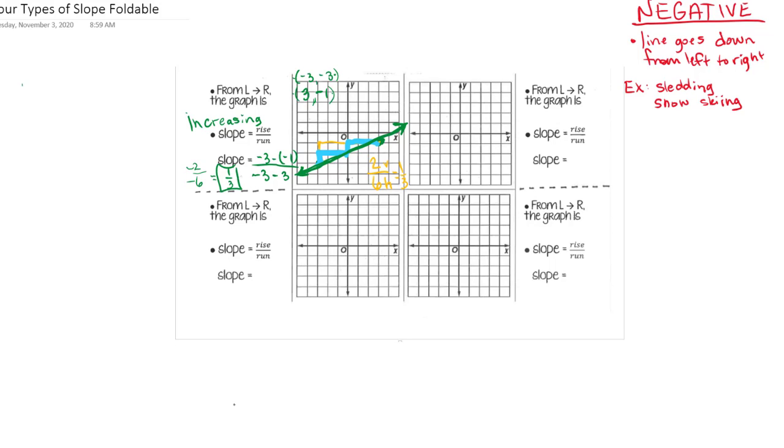We've got the down escalator, we've got hiking down a mountain. I'm going to abbreviate mountain with MTN. Slides. Slides at the playground are more fun when they go downhill. You don't see them going uphill.